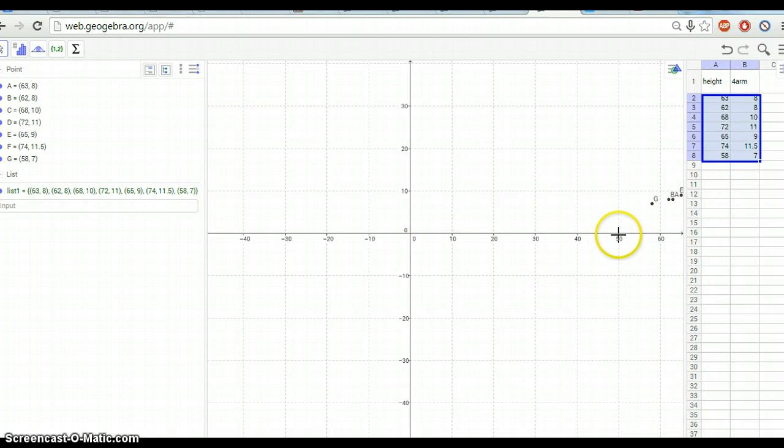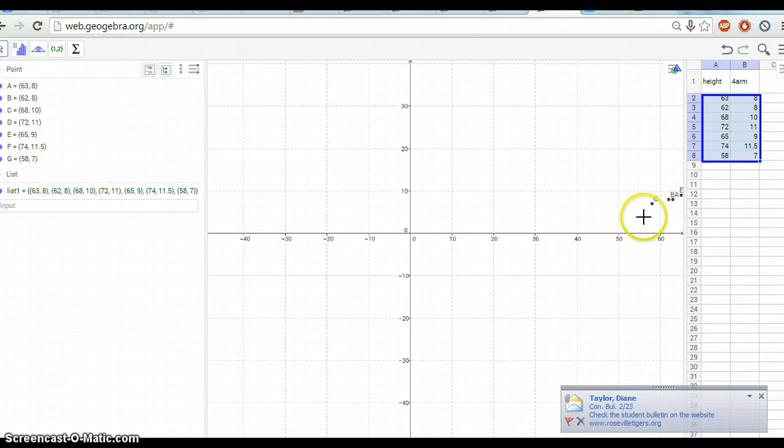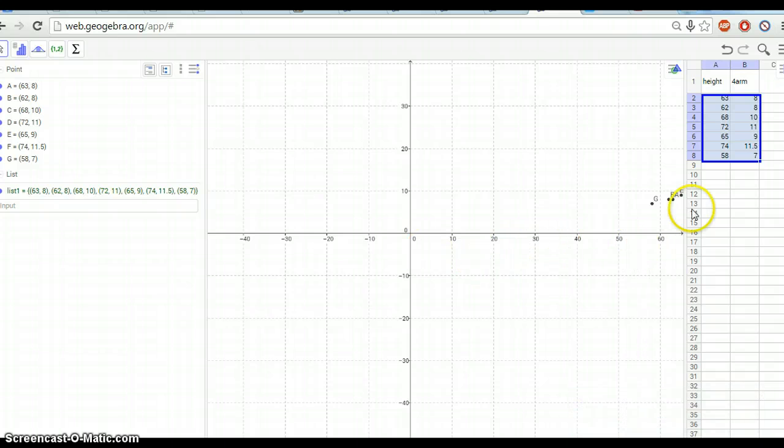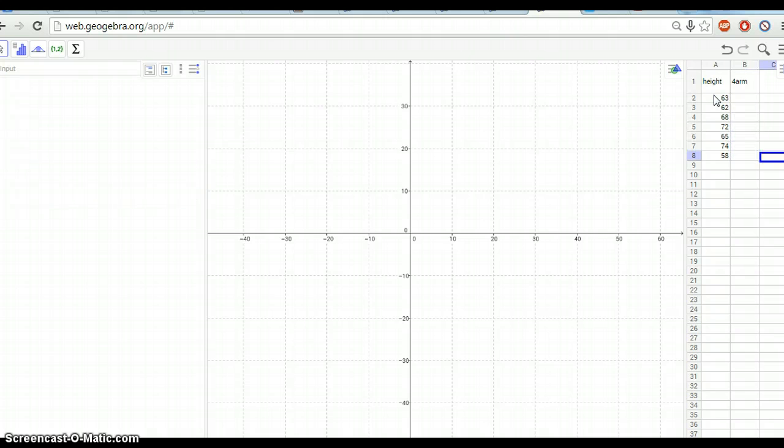It put the dots. As you can see, it looks like I should have put the height here and then the forearm here. So let's change that and see the difference. I'm just going to copy this and put it over here, and then copy this one and put it over here.